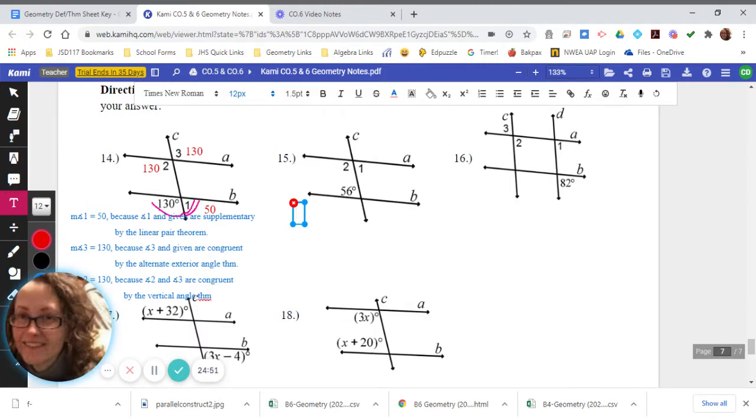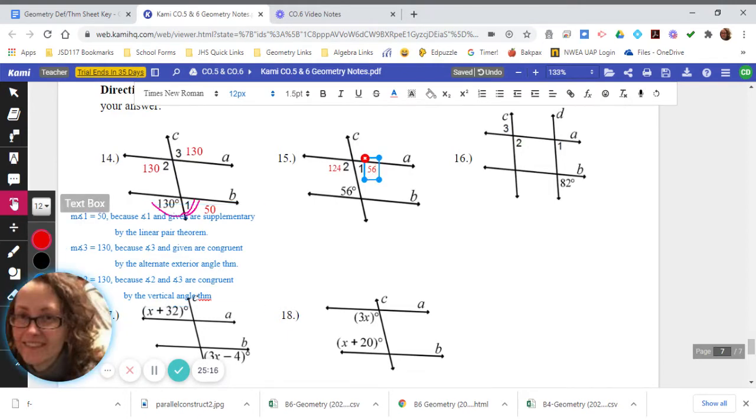So 180 degrees minus 56 is going to give me 124. So then I know that this angle is 124. These two add to 180. And then these two should be congruent because they are alternate interior angles.